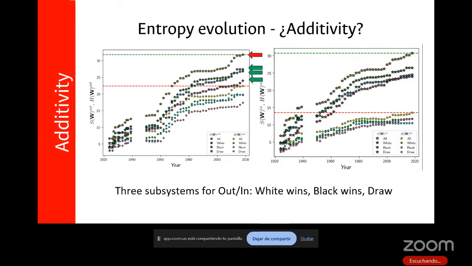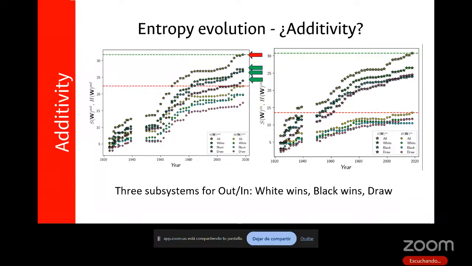So there is a question, and here I would have the entropy for the network for all moves. And each one of these three would be one for the matches when whites win, the other one when black wins, and the other one when there is a draw. So the question is, can I add up these entropies to find the one of the total set of matches?